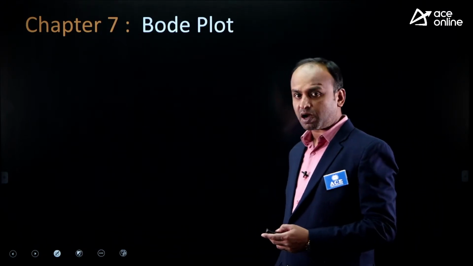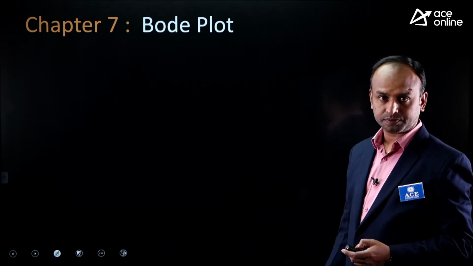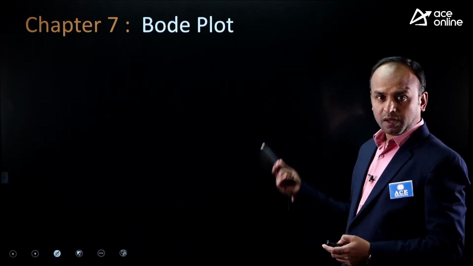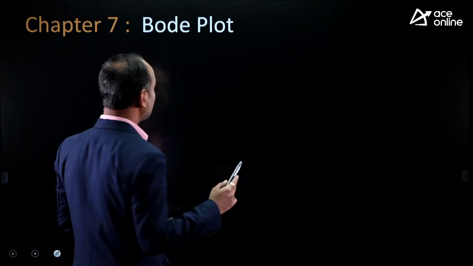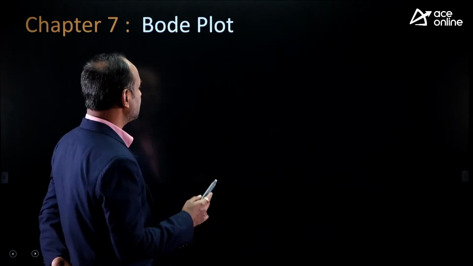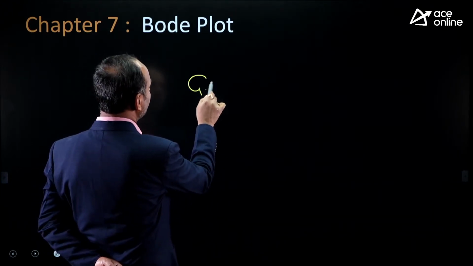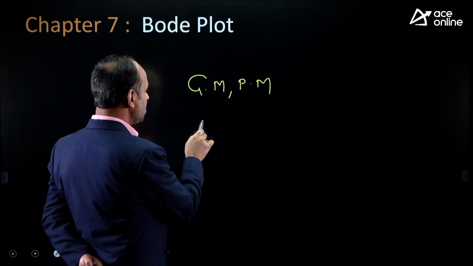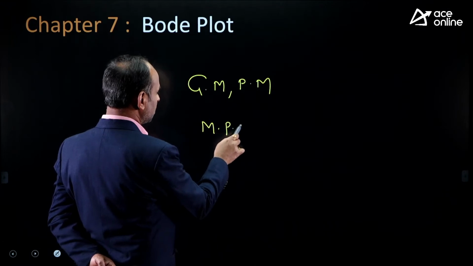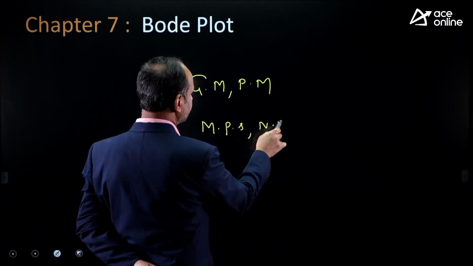Bode plot: what questions are they going to ask? Mainly questions on gain margin and phase margin, and also minimum phase system, non-minimum phase system, and all-pass system.